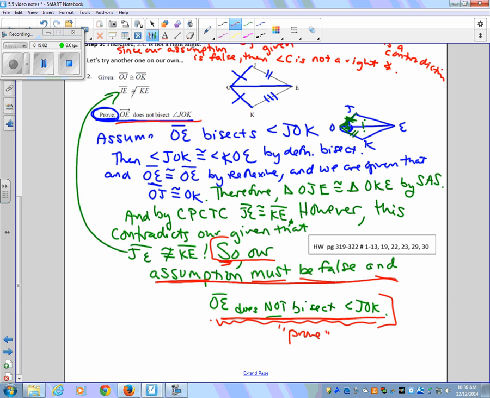So that's the prove statement. Since we've proven that it's impossible for the negation of that proof, right? We assumed the opposite, and then we proved that was impossible. So if the opposite of it is impossible, then this statement itself must be true. Okay.